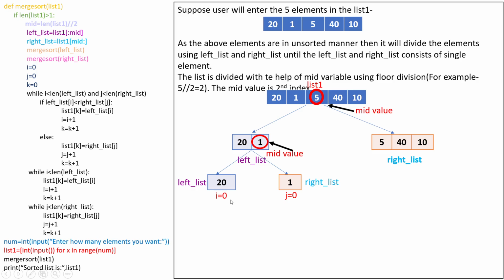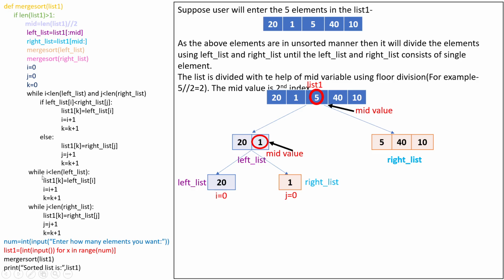It still didn't go into the merge sort list. So what will happen? These two while loops will place the leftover or remaining elements in the left list as well as the right list in K, that is the merge sort list.